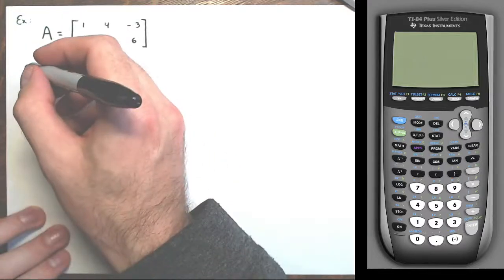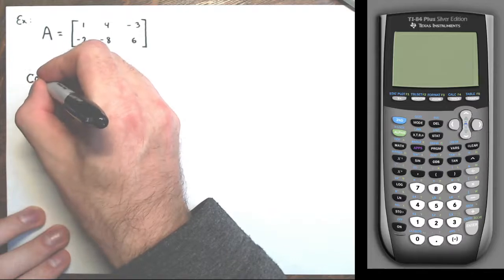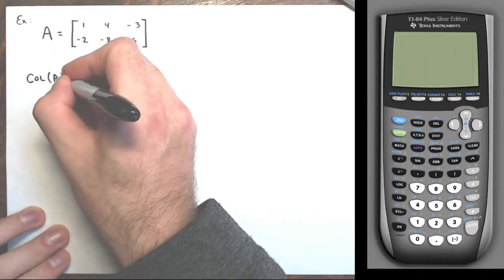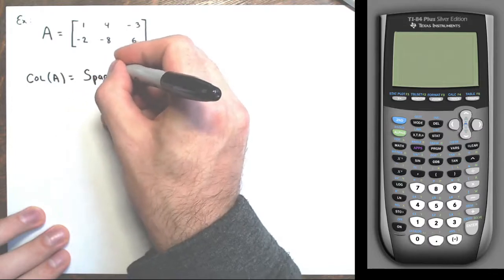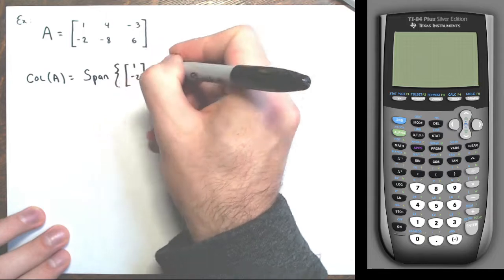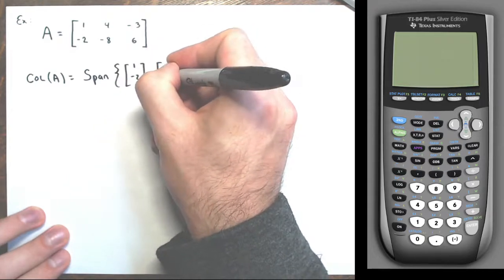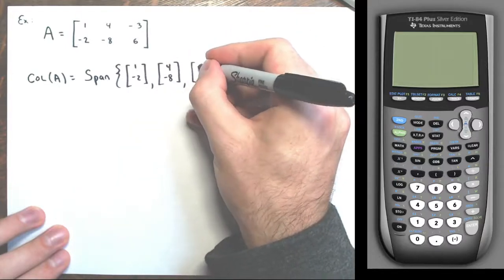So the column space of A is again the span of the three column vectors, right? So the span of (1, -2), the vector (4, -8), and (-3, 6).